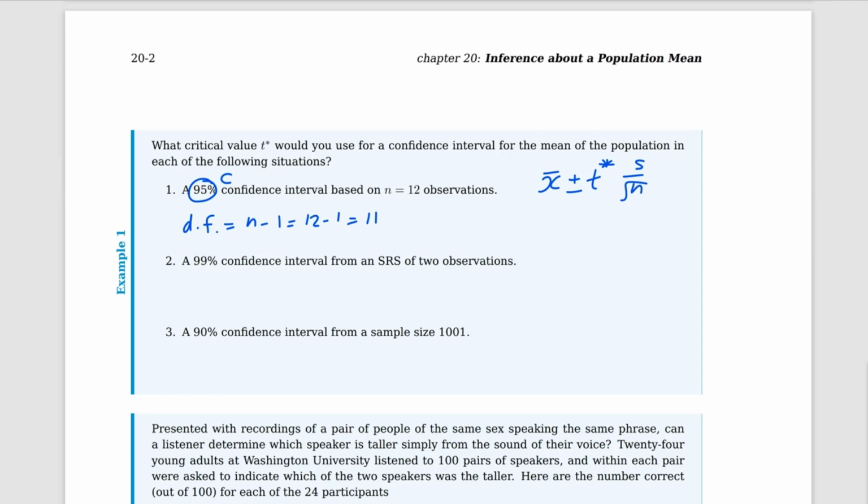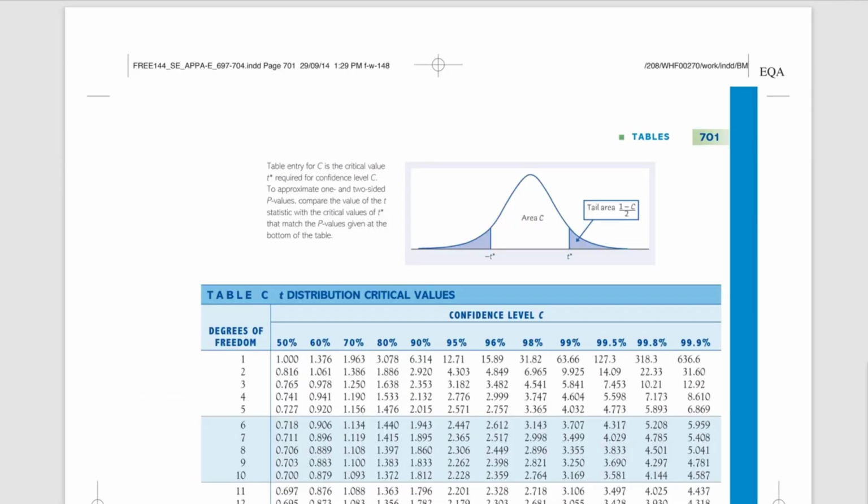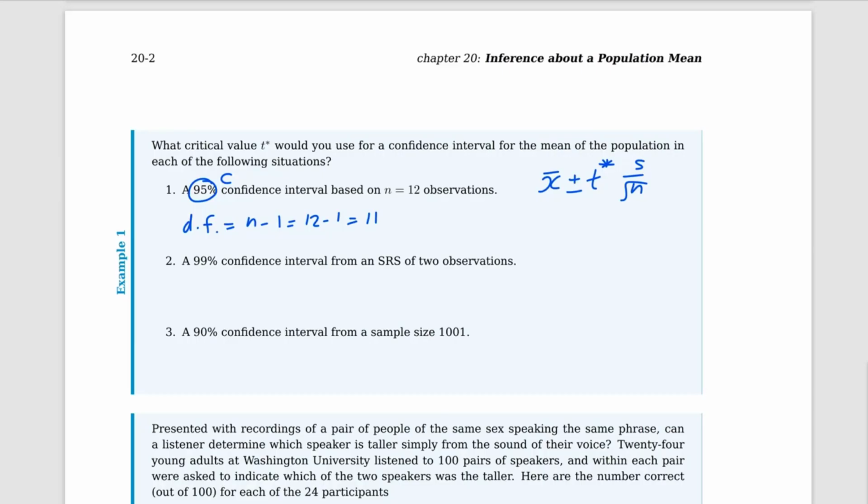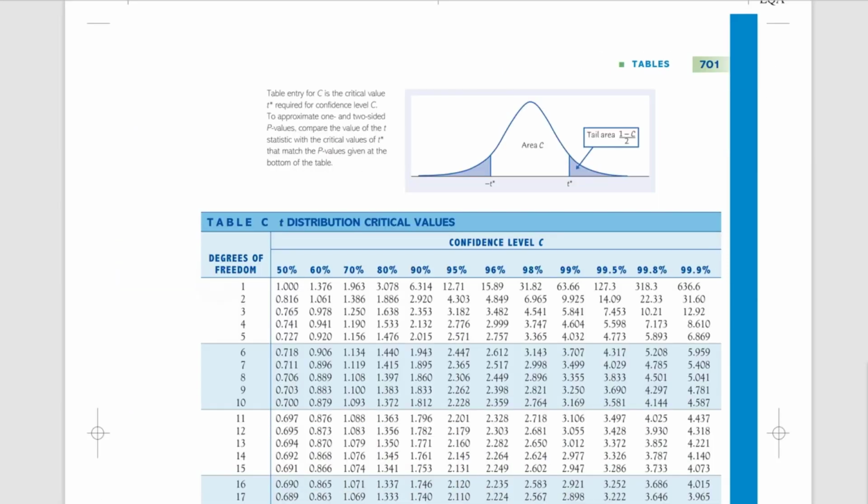Right. Now let me go to the t table. The degrees of freedom was 11. In this column you see degrees of freedom, and here the confidence level. Our degrees of freedom is 11, so we consider this row.